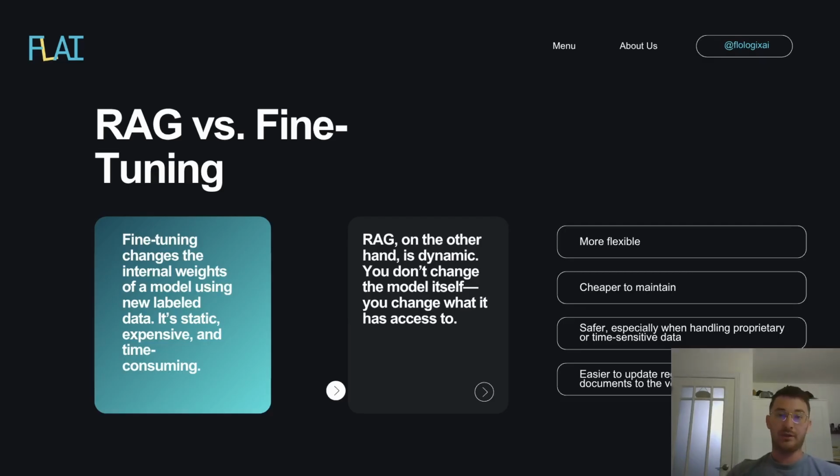Retrieval-augmented generation, on the other hand, is dynamic. You won't change the model itself, you change what it has access to. Meaning RAG is more flexible, it's cheaper to maintain, and it's safer, especially in handling proprietary information, as the company data does not go into the cloud or get uploaded to, for example, a big conglomerate like OpenAI or Google, and they don't train on that proprietary company data.